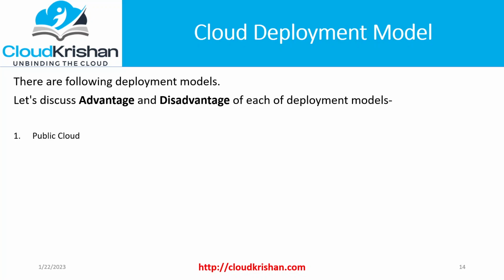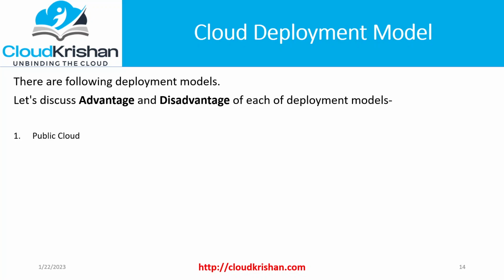Ownership: who owns that cloud? Scale: what is the scalability of that cloud? Access: who can access that cloud? And control: who can control that cloud? So based upon a few of these words, there are different types of cloud deployment model. We will go one by one.